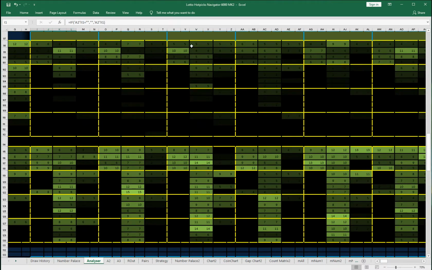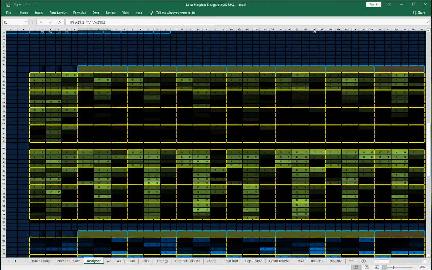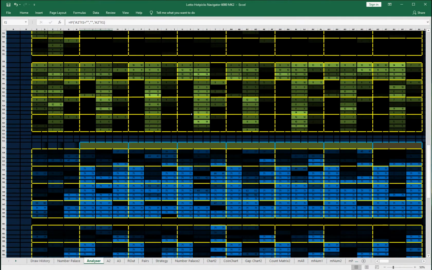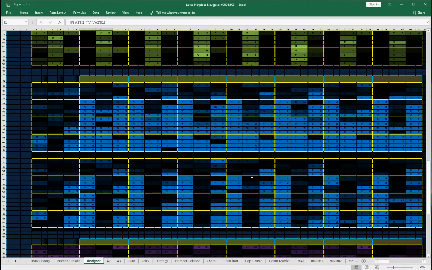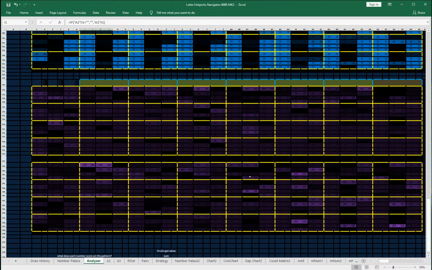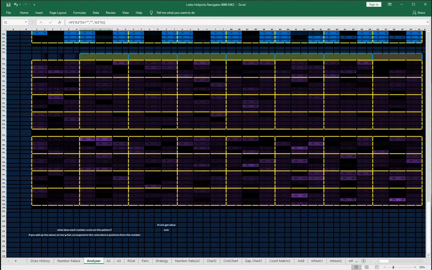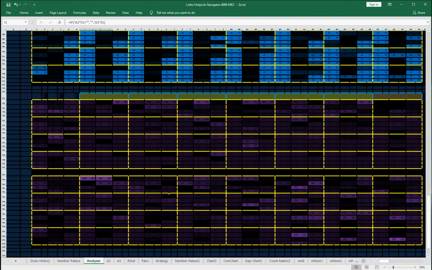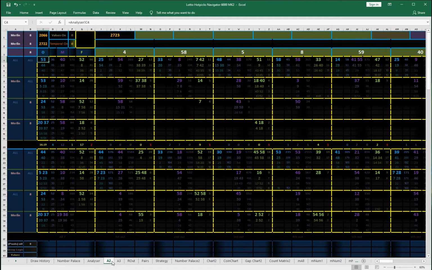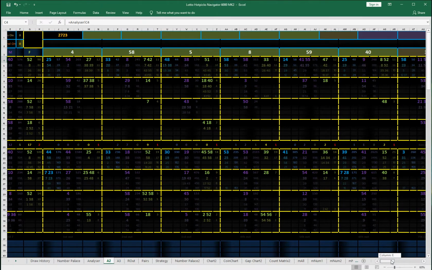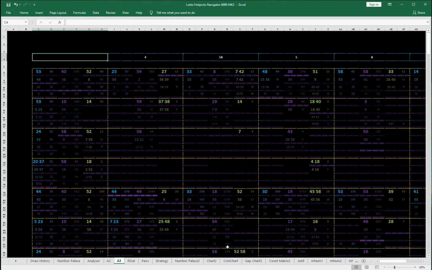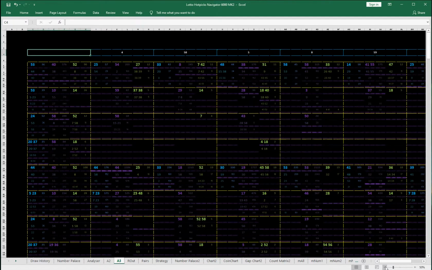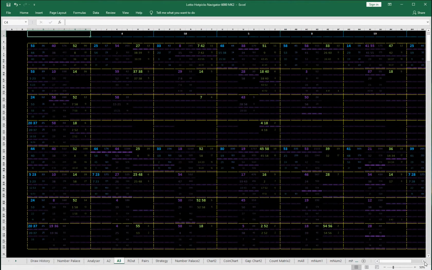These are color coded according to frequency, color coded according to overdueness, and color coded according to how overdue for its frequency each position on the analyzer is. And then this becomes this.